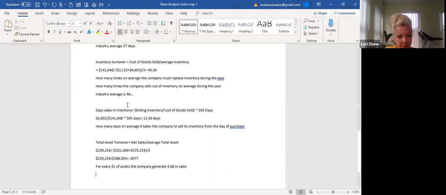So for instance, up here, days sales in inventory, this one right here, the industry that Apple operates in is 35 days. So Apple's doing very good with selling their inventory because everybody else in their industry, it takes 35 days from the day of purchase to sell it.